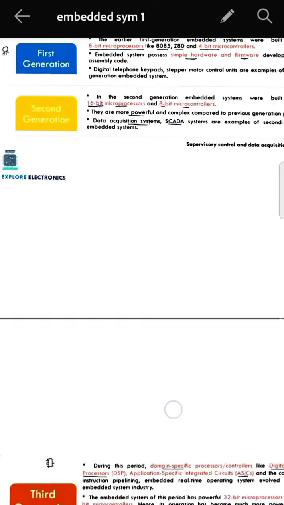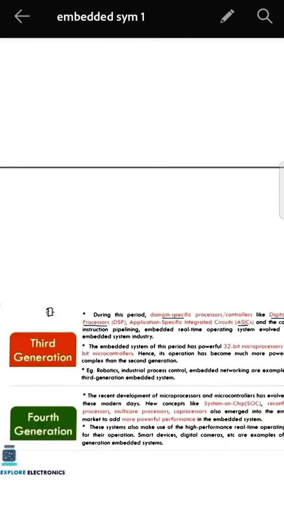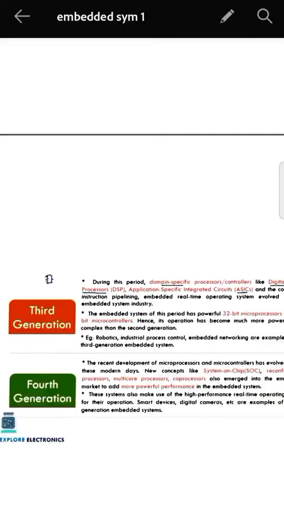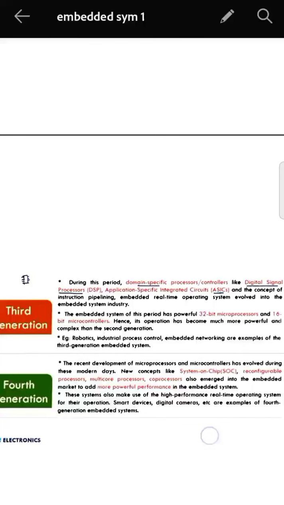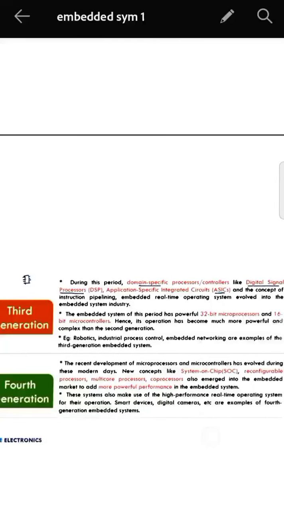Next, go for the third generation. In the third generation, they are using 32-bit microprocessor and 16-bit microcontroller. Hence, the operation has become much more powerful and complex than the second generation. Compared to second generation, the third generation will be more powerful.